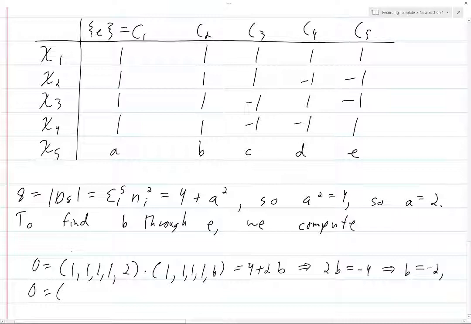So anyways, we have 1, 1, 1, 1, 2. Then we do 1, negative 1, C. So this is just computation. I've tried to avoid a lot of computation in this problem, but there's only so much you can avoid. Okay, so anyways, these cancel out, and so you get C is 0.